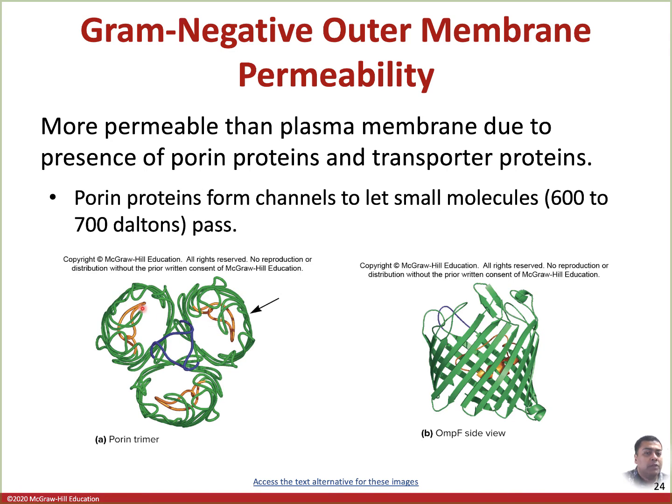The small orange loop in the middle can tighten or make the channel smaller or larger. Those are essential for allowing certain molecules to pass and certain molecules to be blocked. These are regulator proteins to regulate the channel diameters. So this is a typical porin, a trimer with three channels.